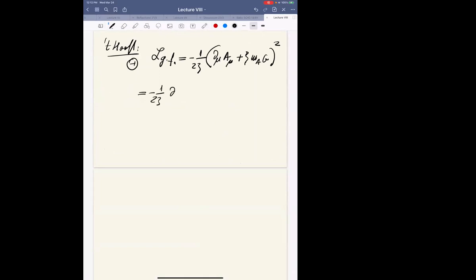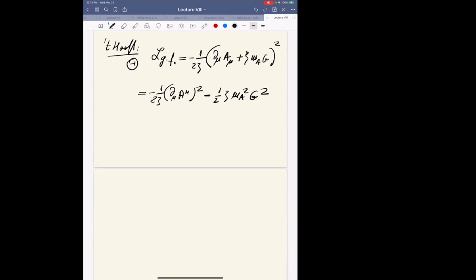That's what you did in the homework. You must have done it before. What else do I have here? Then I have minus, let me take G separately. What will I have? 1/2 xi M_A squared G squared. You agree? That's the piece for G. And then there is a mixed term.